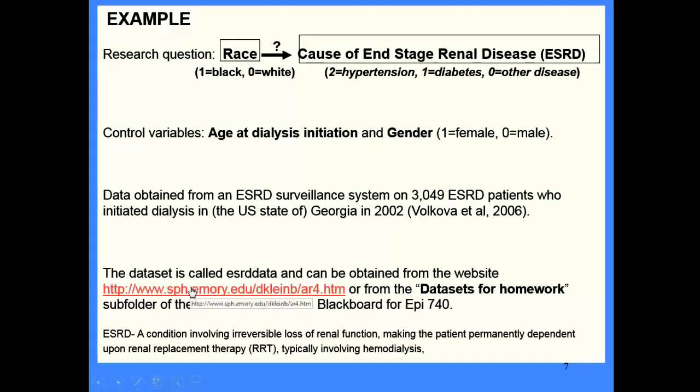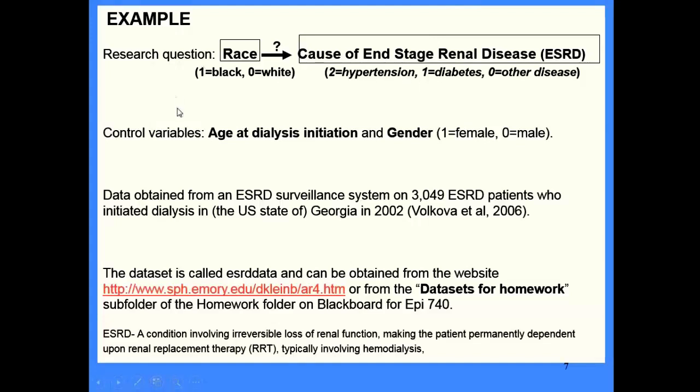So now the example that I want to consider by talking about polytomous logistic regression is, again, a study of data obtained from end-stage renal disease on slightly more than 3,000 patients who have that illness and who were undergoing dialysis. And this is back a long time ago, 2002.